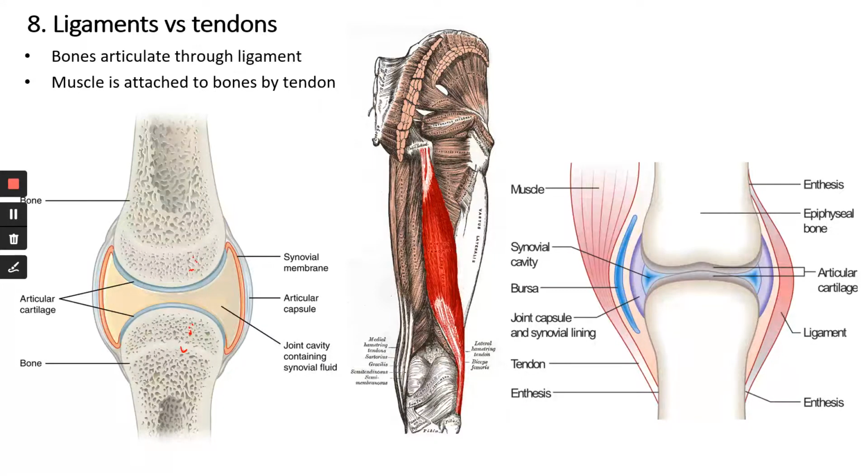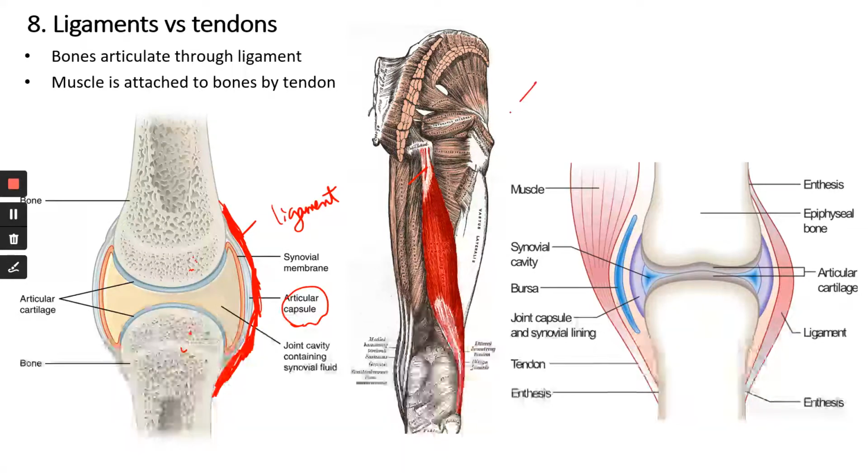When you look at this joint, external to the articular capsule here, you will have some really tough connective tissue. That layer of connective tissue is a ligament. Again, a ligament connects bones. And tendons attach muscles to bones.